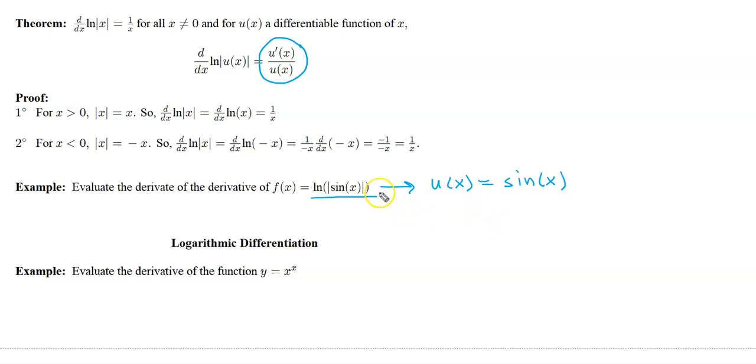And so then what we get here is that this quantity right here is equal to u prime over u. And u prime is going to be the cosine of x divided by, and u is just sine x. And that's our answer. And we could simplify that, noting that this is actually the cotangent function. And there we go.